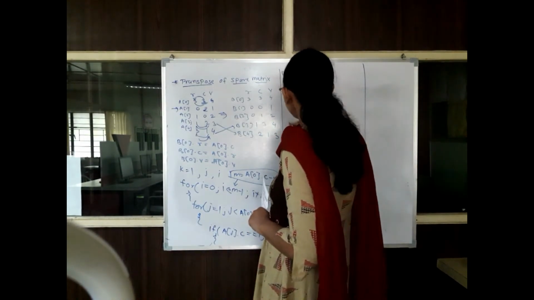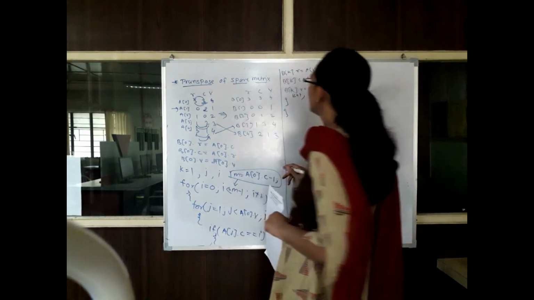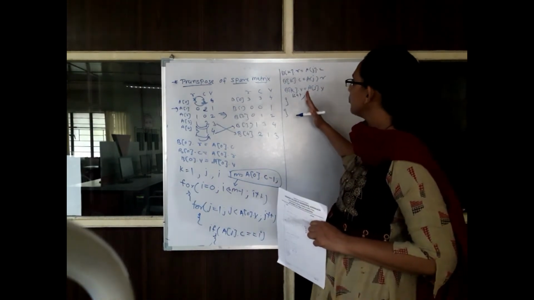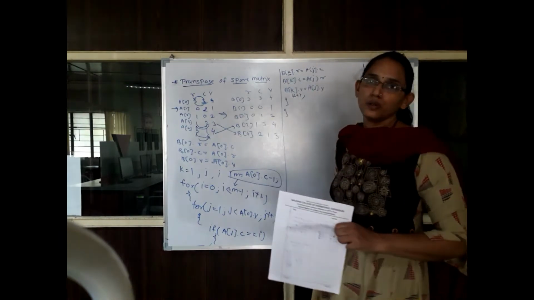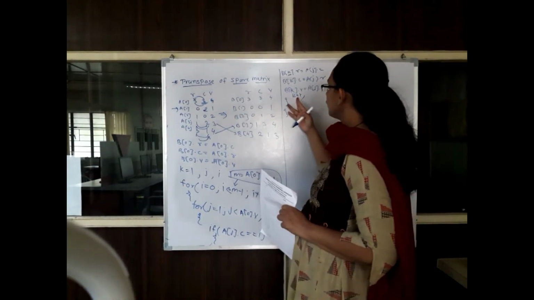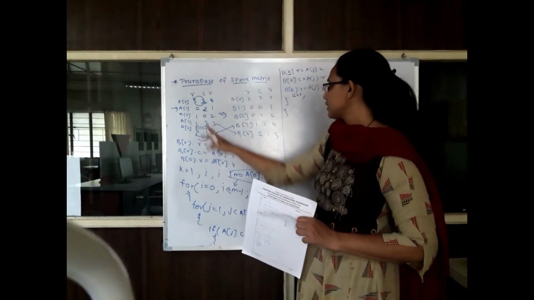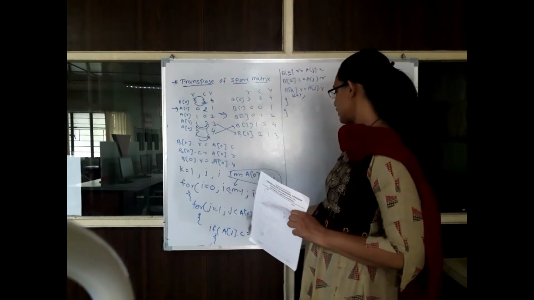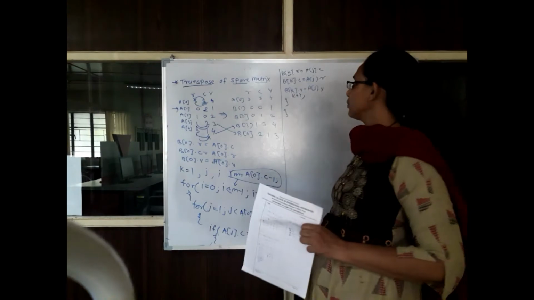Then complete it with k plus plus. So when this condition is true, we are putting that tuple, by interchanging row and column value, into the kth location and then incrementing k value. Again, it will increment to the next tuple, then for the next tuple check the column value. If the condition matches, then we are putting that tuple into the next location.